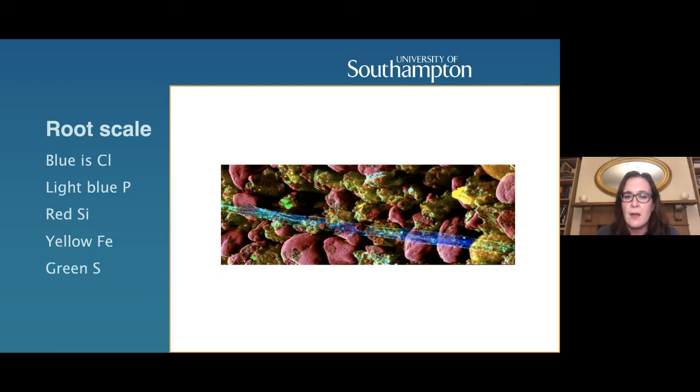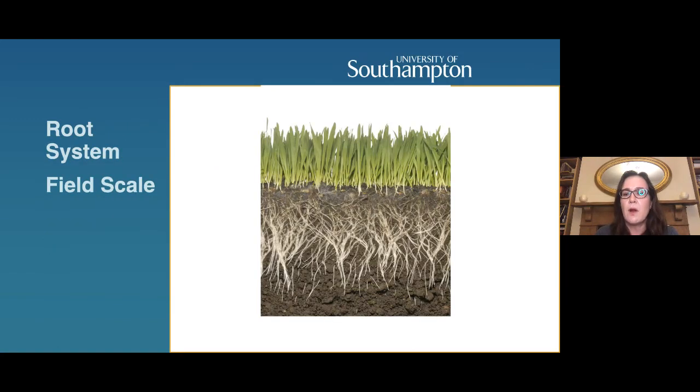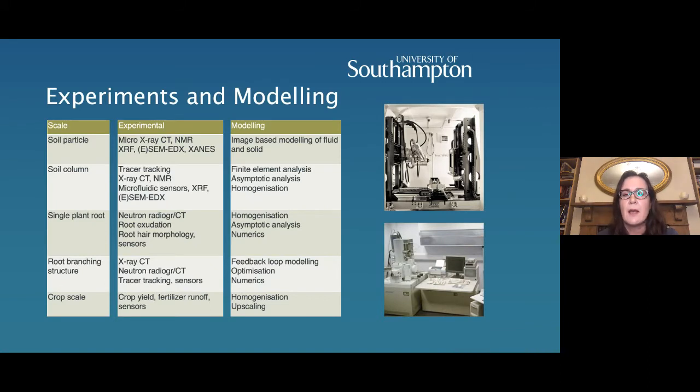But ultimately, we want our models to be valid at the crop scale, field scale, because this is where the management decisions are made. So our approach is, I'm a modeler, so in the first 10 years of my career, we were developing these multi-scale modeling techniques to move from soil particle scale to column scale, plant scale, branching root structural scale to crop scale.